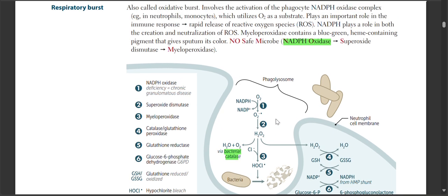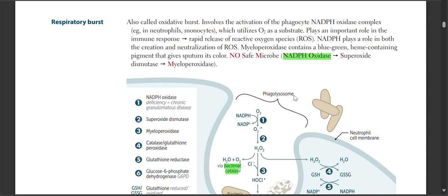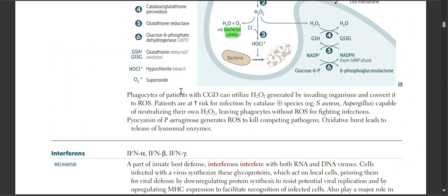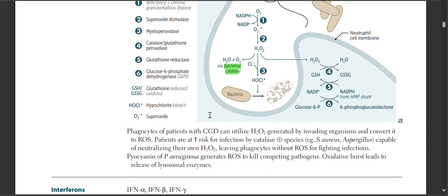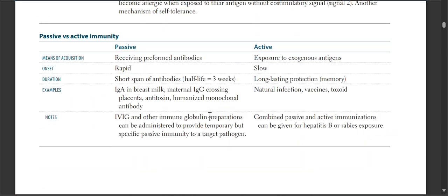Now there is one more thing about chronic granulomatous disease that you need to know, which is that there is a test that you can do. I don't think they've mentioned it here, maybe later on.